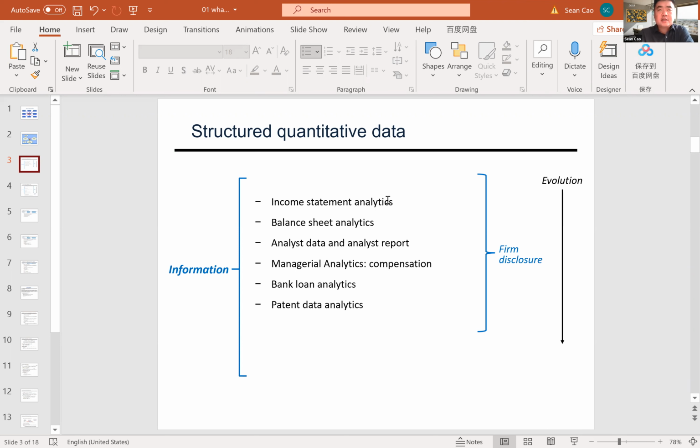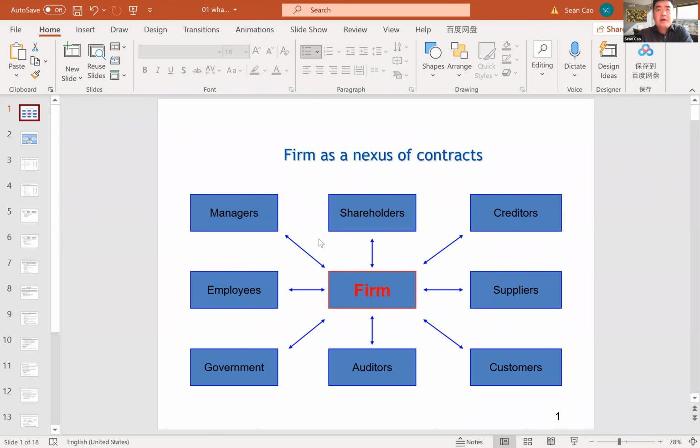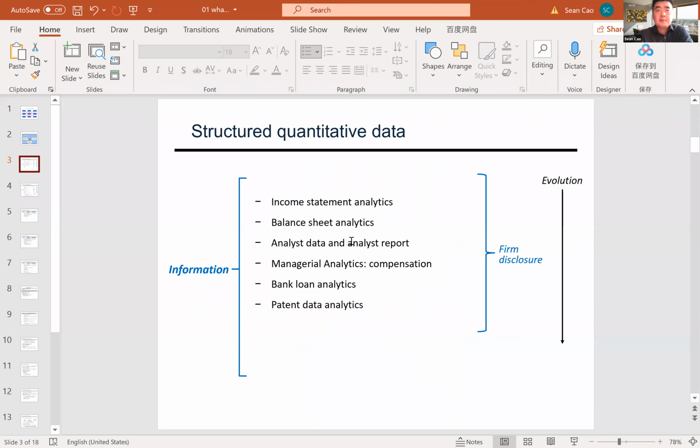So you can see that different audiences have different focus on different data. Managers care more about internal information, and shareholders care about different things. Basically, different audiences care about different information sources, and these are some examples.